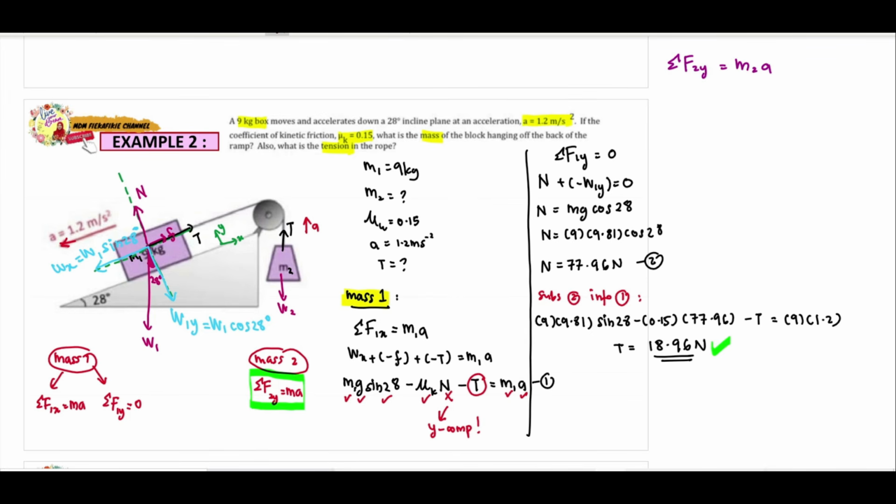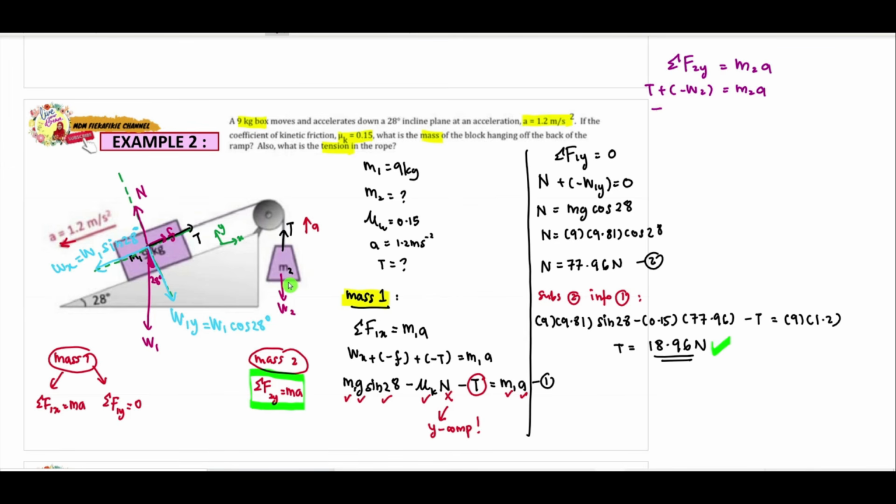So, tengok pada free body diagram untuk M2. M2 ada dua saja force in Y component. Kan? T dengan W2. So, sekarang the direction of T is same direction dengan A. So, saya akan consider ini sebagai positif. Jadi, saya akan total up total force in Y component T plus negatif W2. So, dia akan jadi T plus negatif W2 equal to M2A.